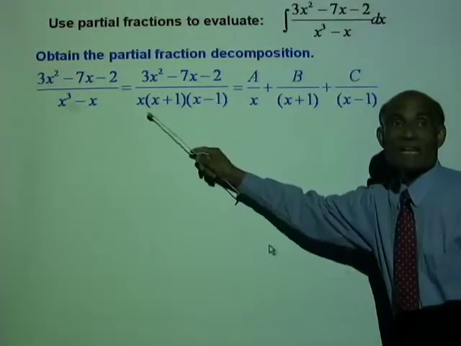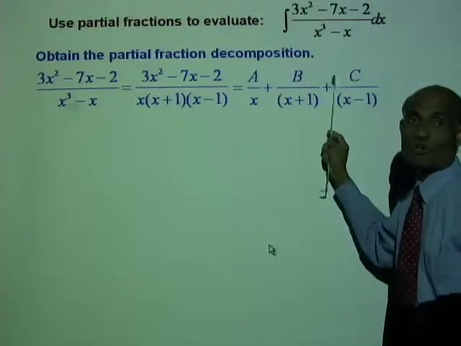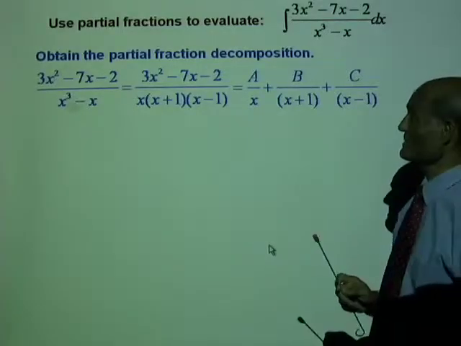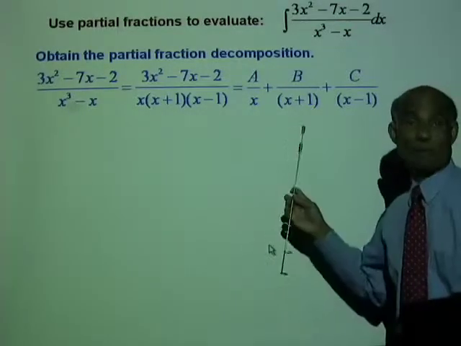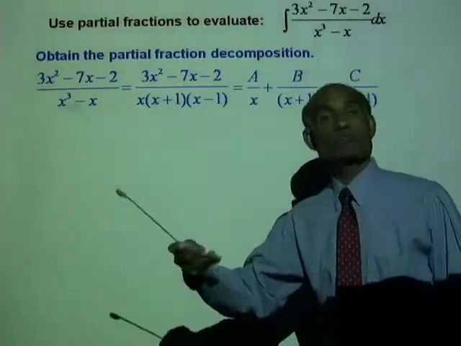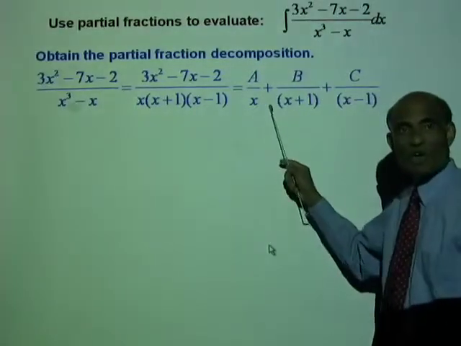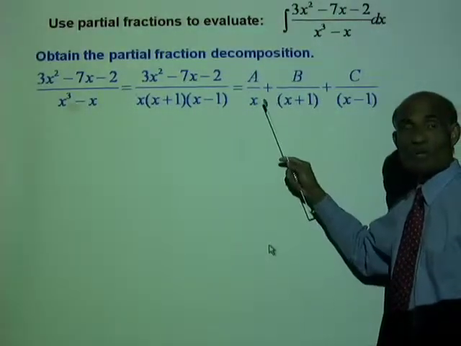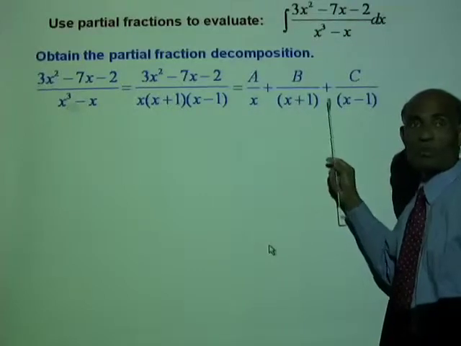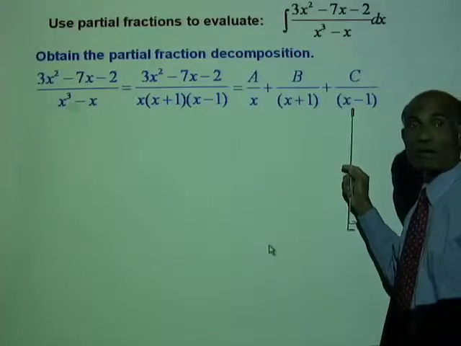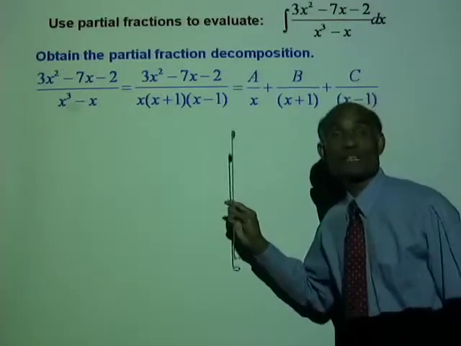You got 3 linear factors, so we use 3 constants. Okay, well, now the routine thing that we do. What's the routine thing? Take the common denominator, which will be x times x plus 1 times x minus 1, and then construct your numerator.